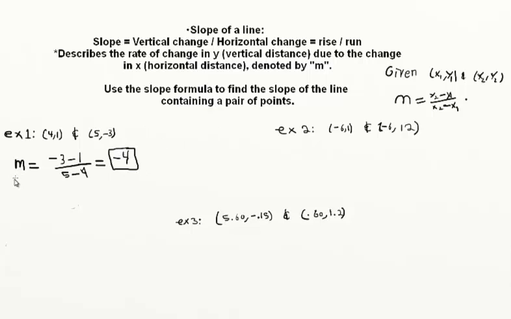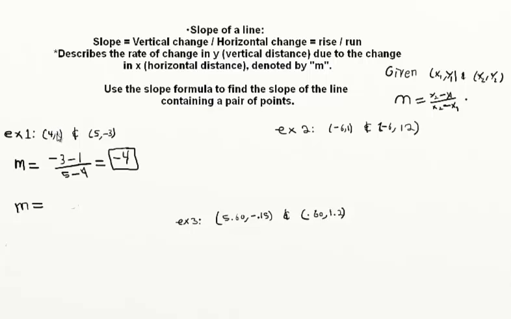I'd like to show you in just one of these examples that it doesn't matter which order you choose the points, you will get the same exact slope. That's fairly intuitive, because the differences will be the same, and the ratio will be the same as well. In this case, we'll choose this to be the second point and this to be the first point.